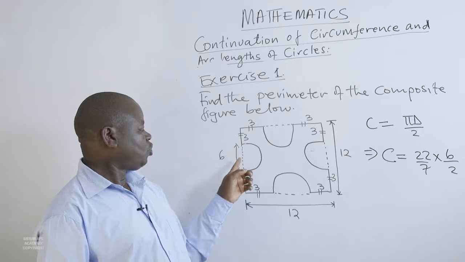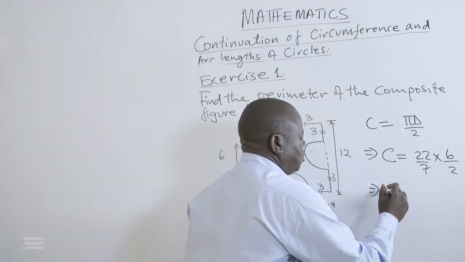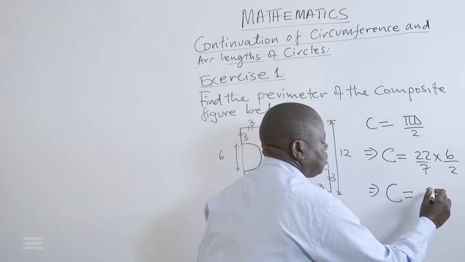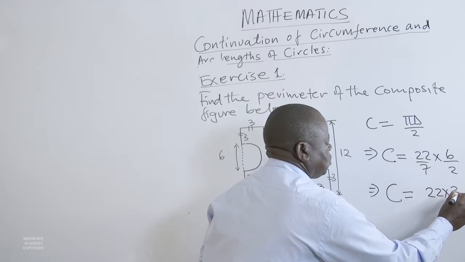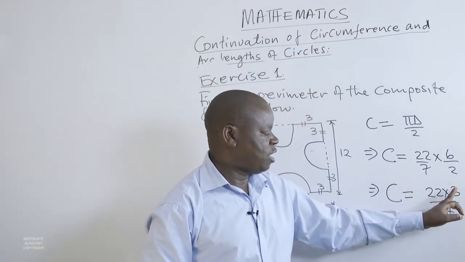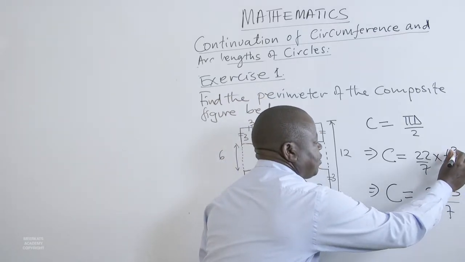Why is it 6 over 2? Because 6 is the diameter. So 22 times 3 over 7.